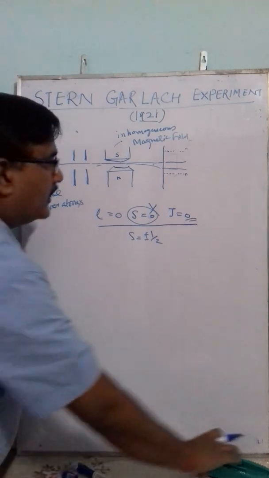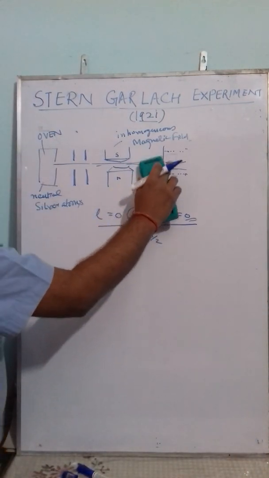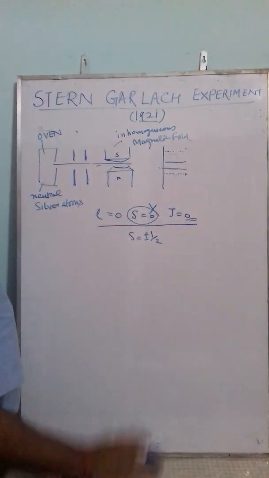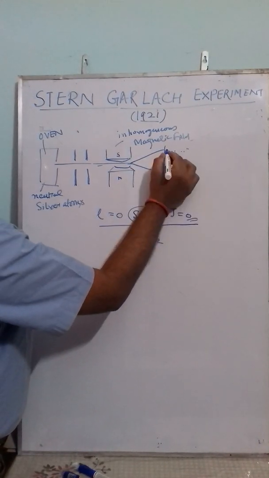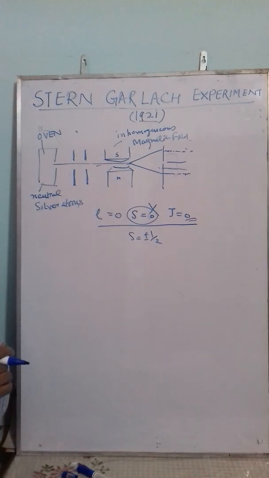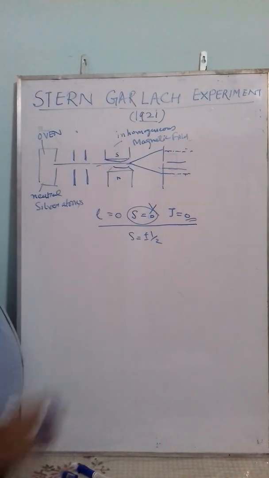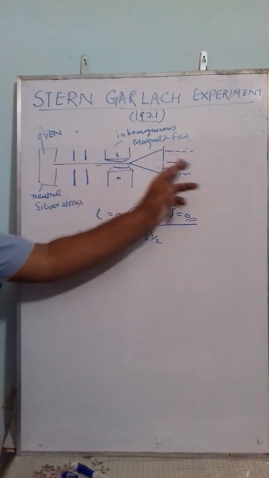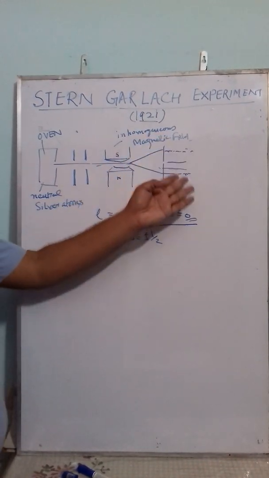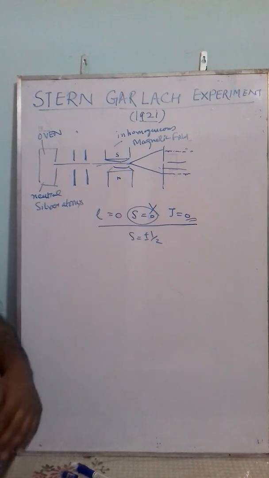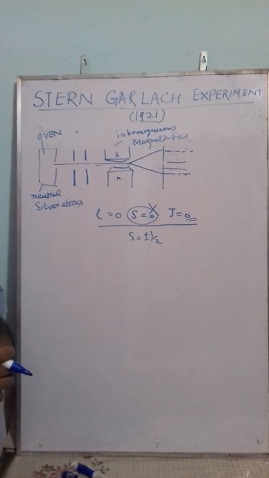But here in the Stern-Gerlach experiment, what happens? They produce like this. So a homogeneous magnetic field produces a single line, while an inhomogeneous magnetic field produces two traces. This is your Stern-Gerlach experiment.